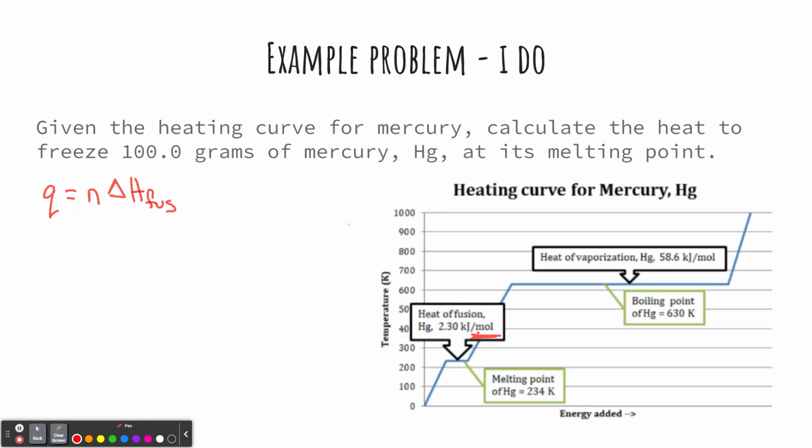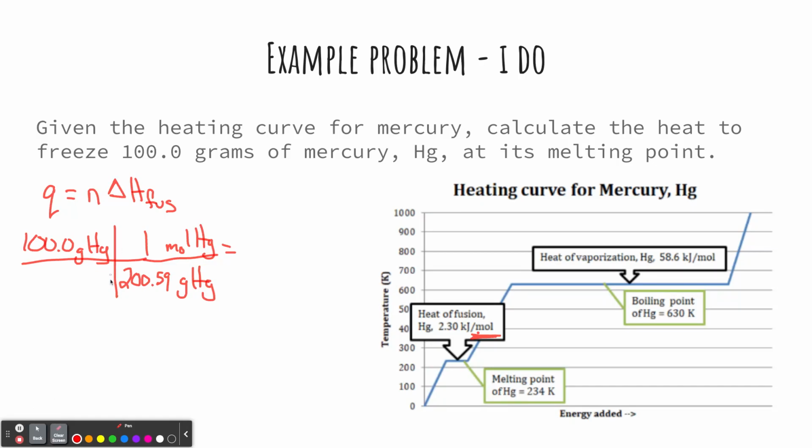Since the problem originally gave me grams, since I was originally given 100 grams of mercury, I first got to convert that into moles. So 100 grams of mercury, grams of mercury on the bottom, moles of mercury on top. We know it's going to be 1 mole times.